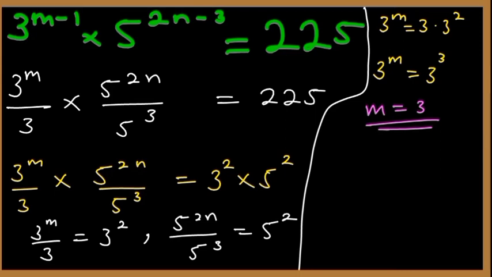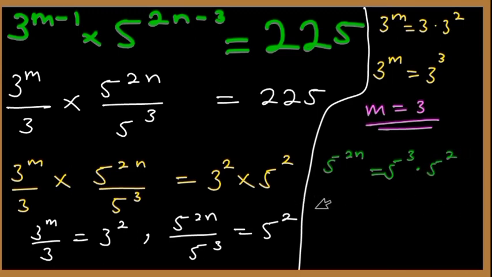So now let's solve for the n. From here, I'll have 5 to the power 2n equals 5 to the power 3 times this one. So it will give me 5 to the power 3 multiplying 5 to the power 2.